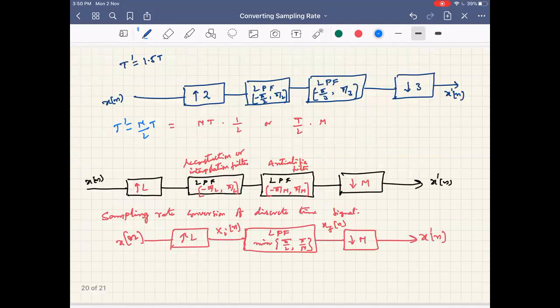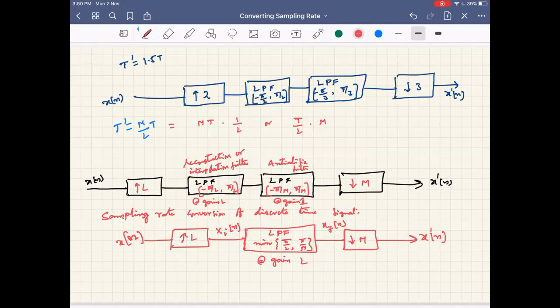I have not written the gain here, but it should be L, because this low pass filter, the interpolation filter, has gain L, and the anti-aliasing filter has unit gain, gain 1.